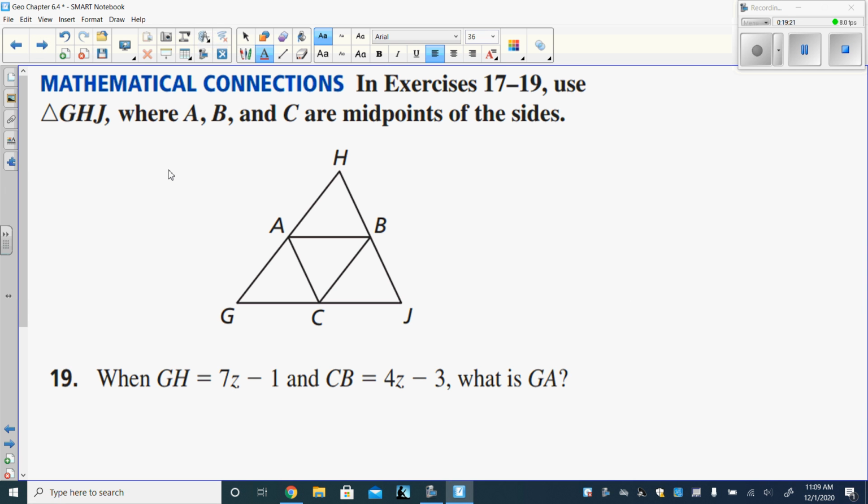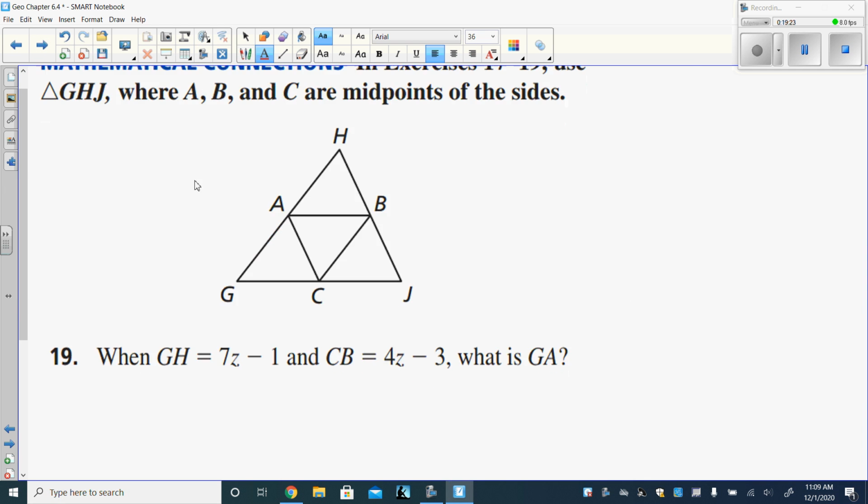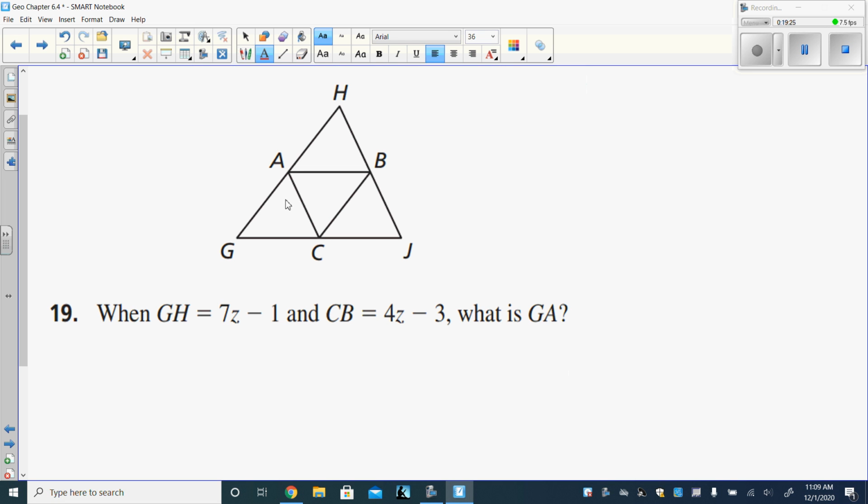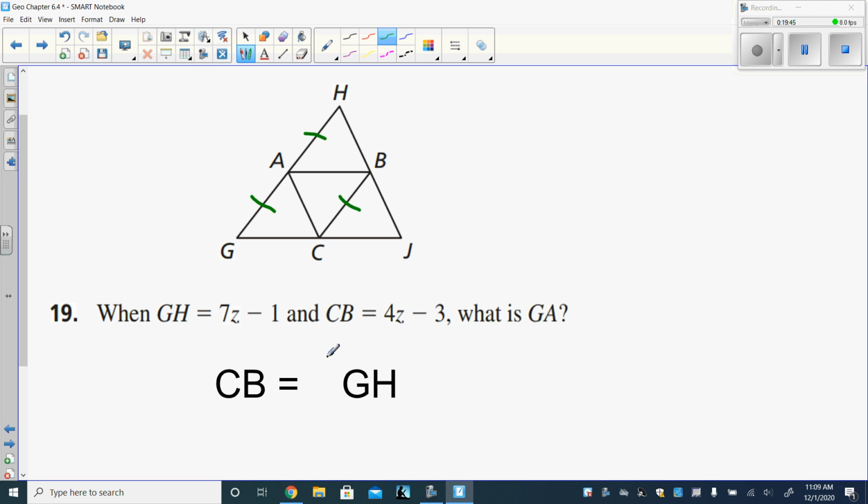So that brings us to the last one here. Now GH, the entire length, these two here are all congruent, but we also know that CB is equal to 1/2 of GH.